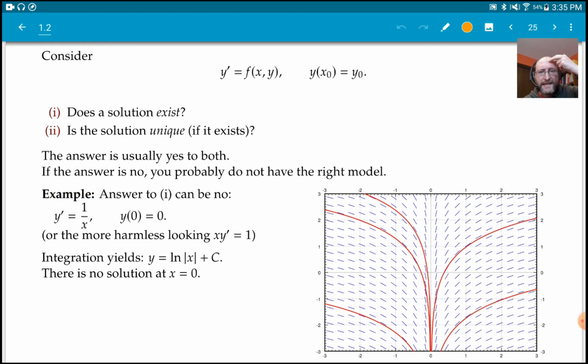Now, there is no solution when x is 0, right? That sort of makes sense. This thing is not defined. We're dividing by 0. This f is in particular not a continuous function, right? It blows up. If x is coming from the positive side, it goes to plus infinity.